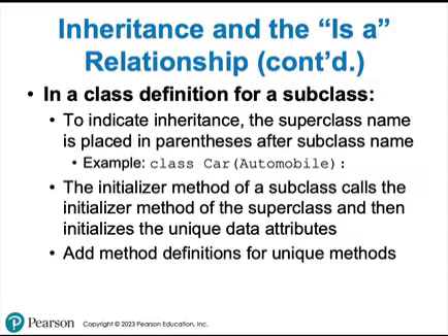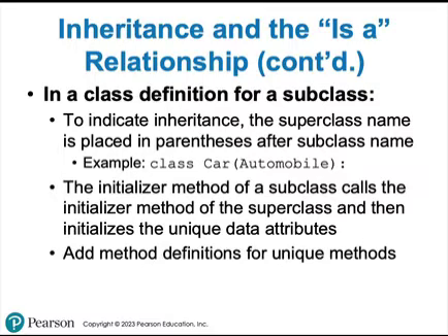So if we want to subclass this, we're going to start with the keyword class. We're going to give the name of the class, and then we're going to pass it in its superclass. So car is a class that inherits or is a subclass of the automobile class.